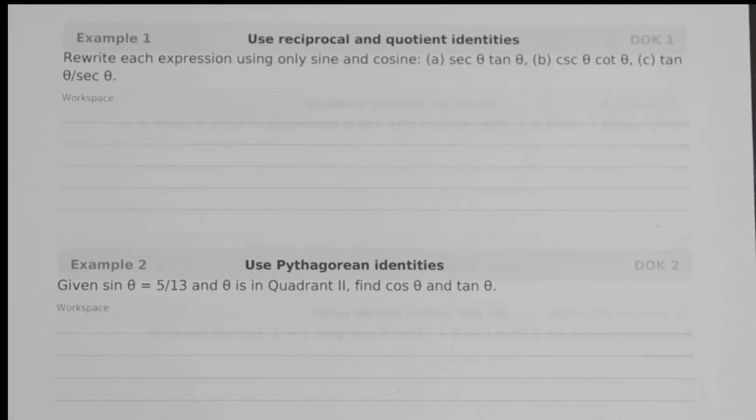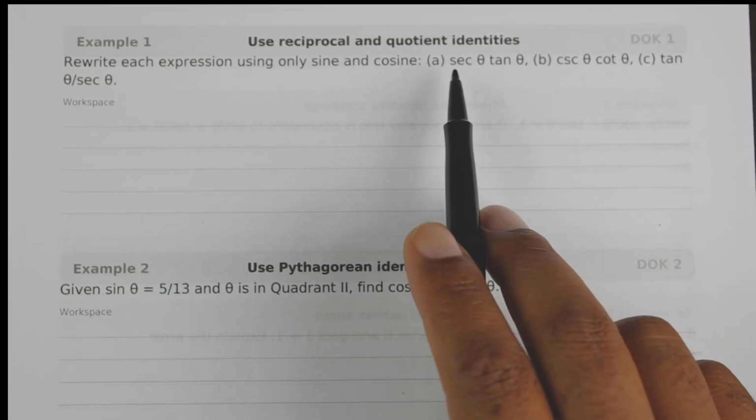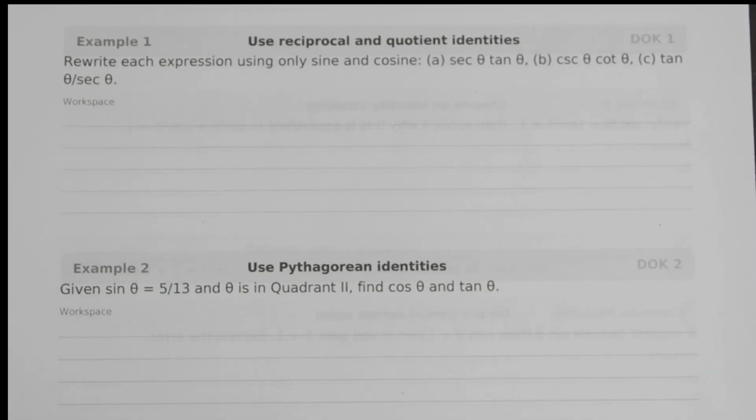Example number 1 says rewrite each expression using only sine and cosine, and we're going to use A, B, and C. For part A, we start with secant theta tan theta. Essentially, we're going to rewrite secant and tangent using sine and cosine.